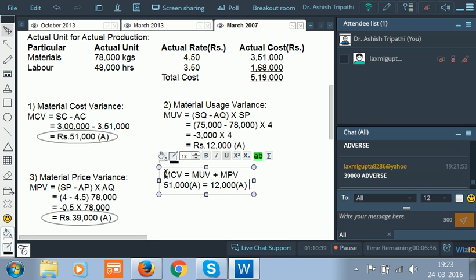So 51,000 adverse is equal to material usage variance, 12,000 adverse, plus material price variance, 39,000 adverse.